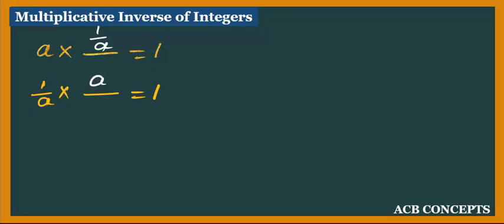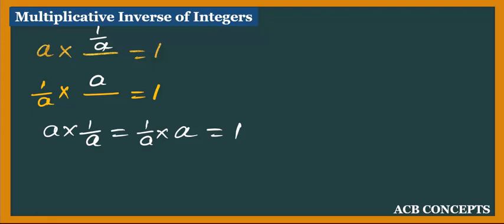So from these two examples, 1 by a is the multiplicative inverse of a, and a is the multiplicative inverse of 1 by a, that is equal to 1. So a, 1 by a are both multiplicative inverse to each other.